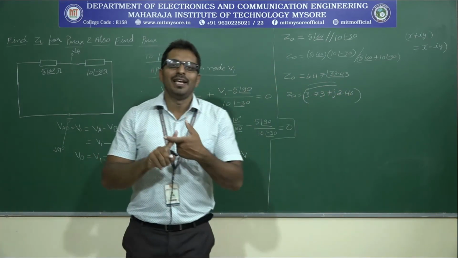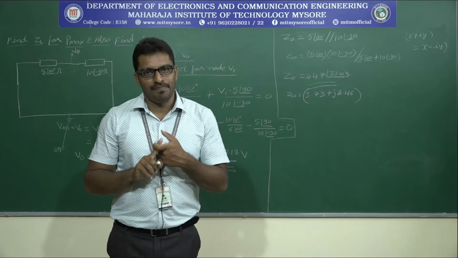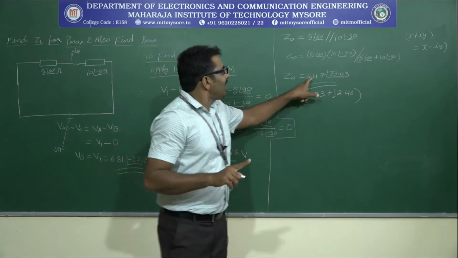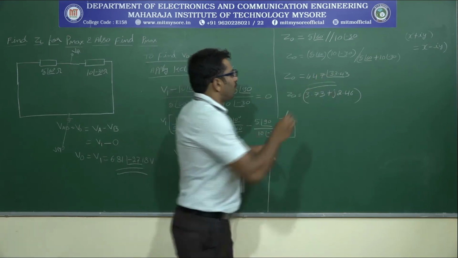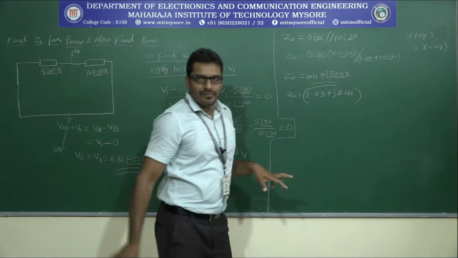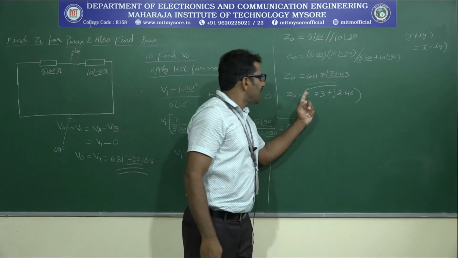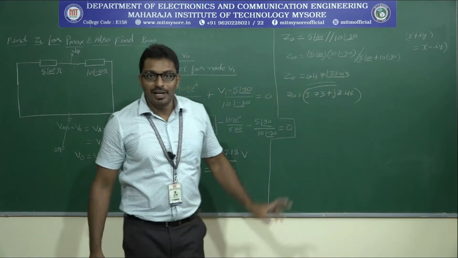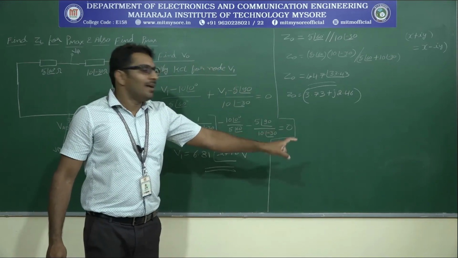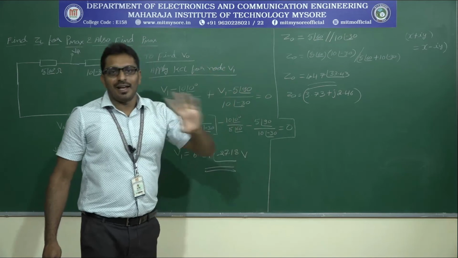Rectangular form means x plus iy form. Polar form means magnitude at an angle theta, 4.47 magnitude at an angle. Rectangular form means x plus iy form. I will explain why I am suggesting to keep Z0 in rectangular form.